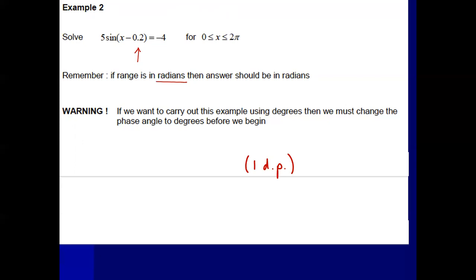So what is 0.2 radians in degrees? So think about it. I want to make it degrees, so I've got to times by 180 and divide by pi, yeah? So that's the first thing we should find out. 0.2 radians is how many degrees?